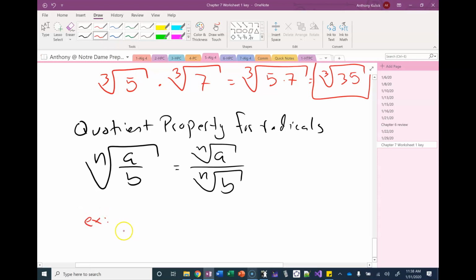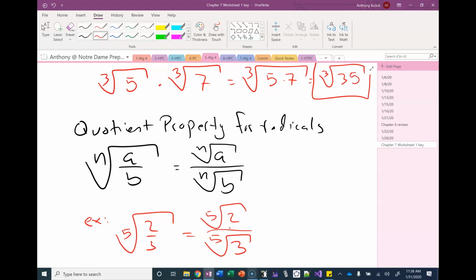So for example, I can take the fifth root of 2/3, and I could rewrite that as the fifth root of 2 over the fifth root of 3. Everybody okay there? We see how this rule is working, that I can just take the radical of a fraction and break it into the quotient of two radicals, right?